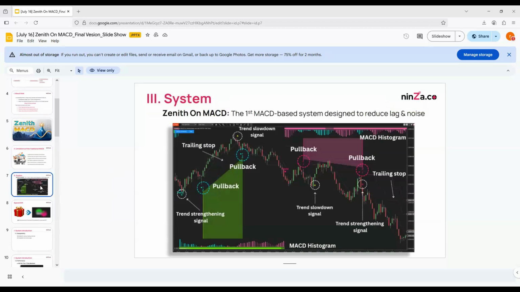So what this indicator looks for is not only a MACD signal, but a MACD signal as a pullback in a trend. So if the trend is bearish, only short signals will be painted. If the trend is bullish, only long signals will be painted. And now it already improves this MACD indicator.